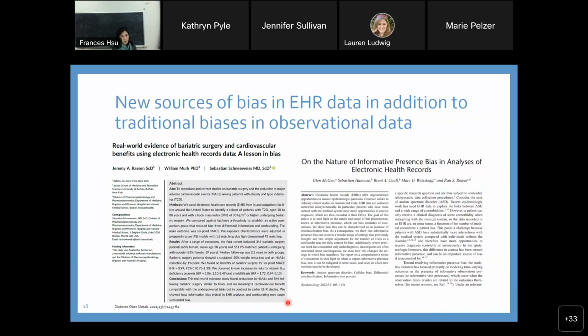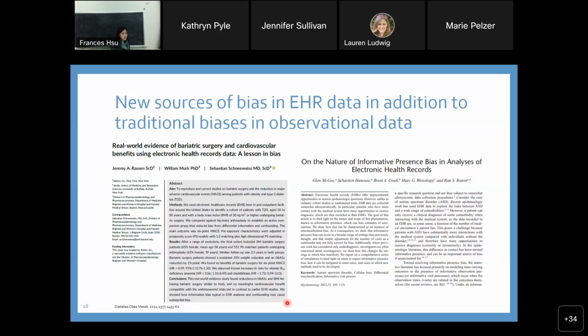This type of differential information bias likely contributed to the discrepancy between RCTs and observational studies on cardiovascular benefits of bariatric surgery. So two observational studies using EHR data suggested a 40 to 50% reduction in major adverse cardiovascular events in patients undergoing bariatric surgery, but a small preliminary RCT did not find any benefit.